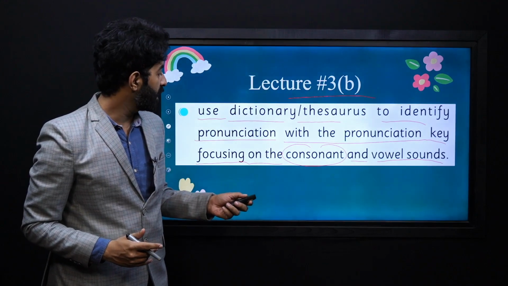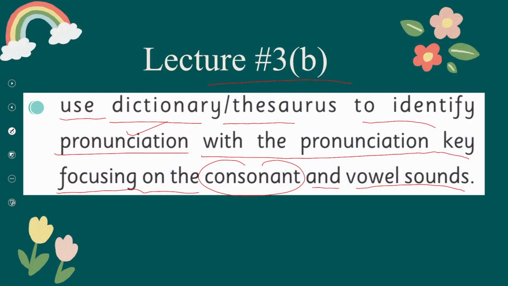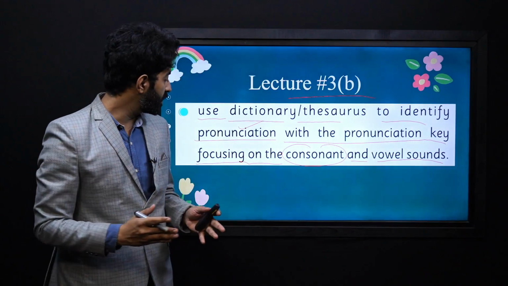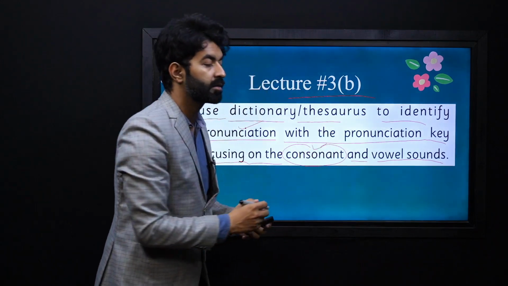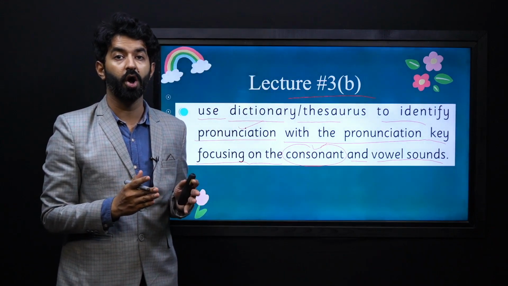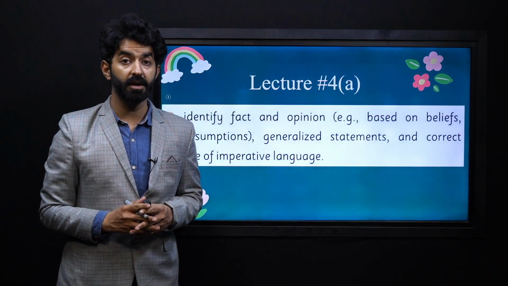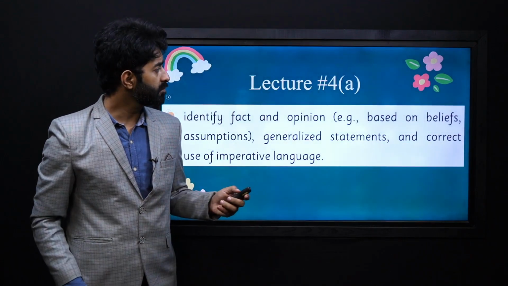We will be looking at how we can identify the pronunciation of any word with the pronunciation key that is given along with the entry word, and we will focus on the sounds, either a consonant or a vowel. So this will be a very enlightening lesson for you.